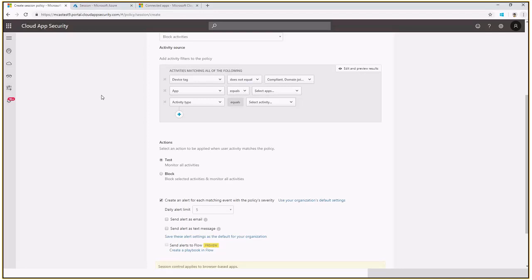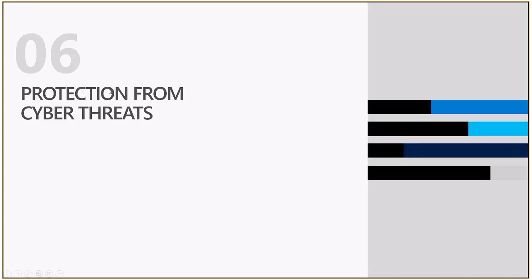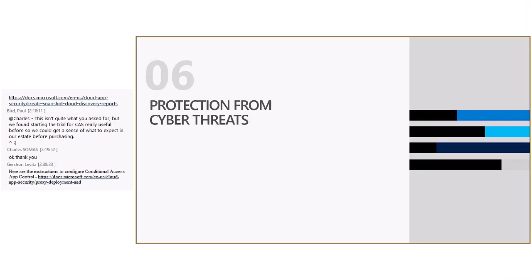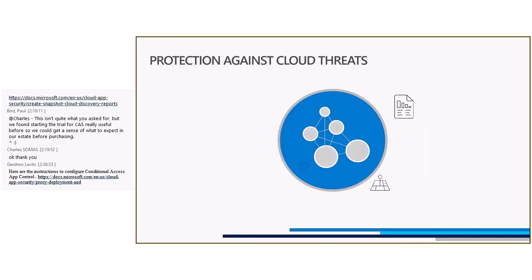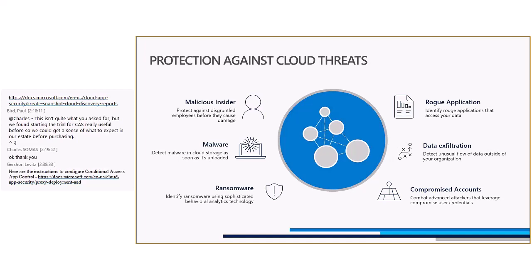So let's move back now to the deck and protect from cyber threats, which is also a really good example of what a CASB can do for you. In the protection against cloud threats, we have several scenarios that are supported by default. Like, for example, the malicious insider, where you can detect when an employee is trying to cause some damage to a company by, for example, exfiltrating some data or accessing your company application in an unusual way.